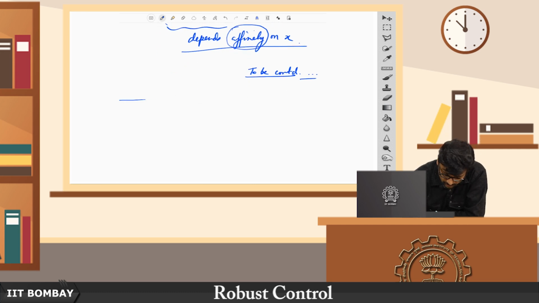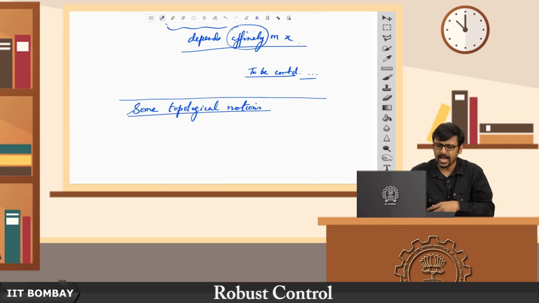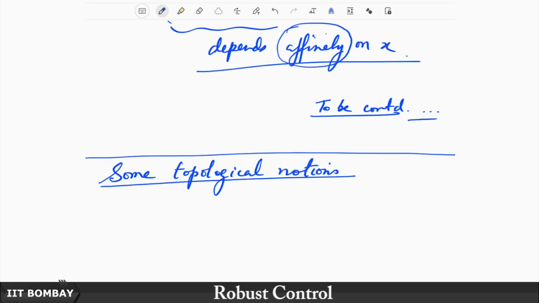Nonetheless, let me draw a line below this and say that now we are going to talk about some topological notions, okay. We already have a lot of the objects in place to delve into this discussion. We already know what a vector space is, we already have ideas about norms of vectors.